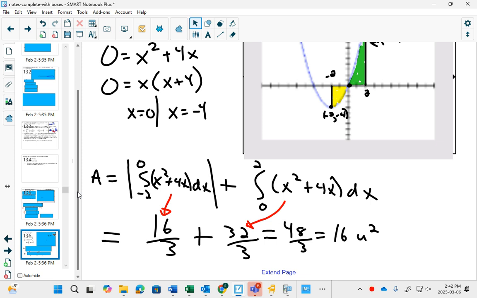However, on your take-home quiz, if there were units given, I think there was one in feet that you did, lots of you lost a half a mark for not writing feet squared when we found that area. So if no units are given, it seems a little bit extra mean to deduct you for not including arbitrary units in the answer. But if units are given, please include the units.